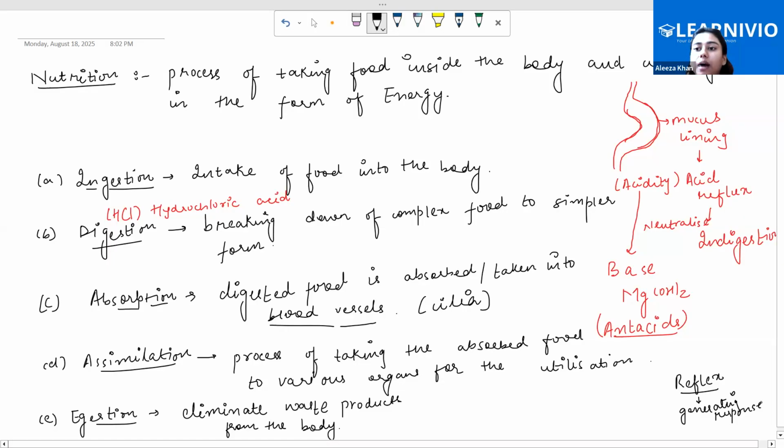Let's say you have touched a hot object, and you suddenly withdraw your hand from there. Why? Because it's really hot, your skin might burn. The sensory neurons, the sensory messengers, take that message from the skin to the brain, and your brain gives instruction to your motor neurons.